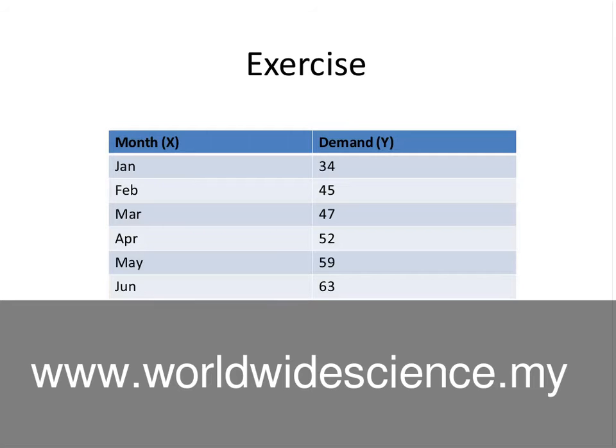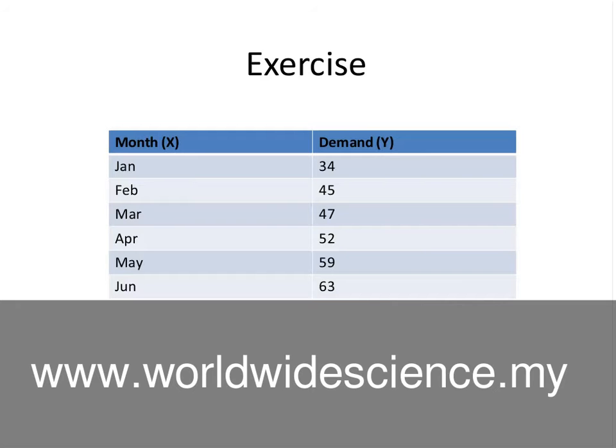We have 6 months here. So n is 6. We have demand for 6 months, or period of time, n is 6. Yes, very good. We have demand for 6 months until now.